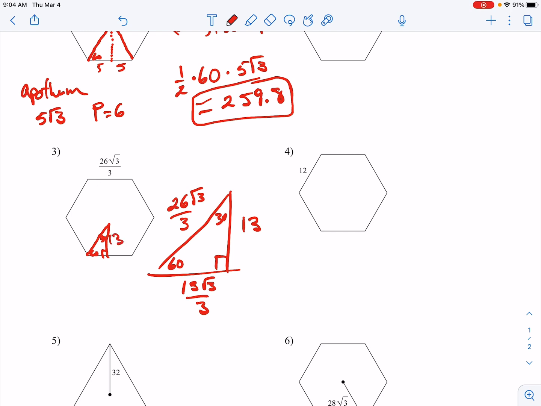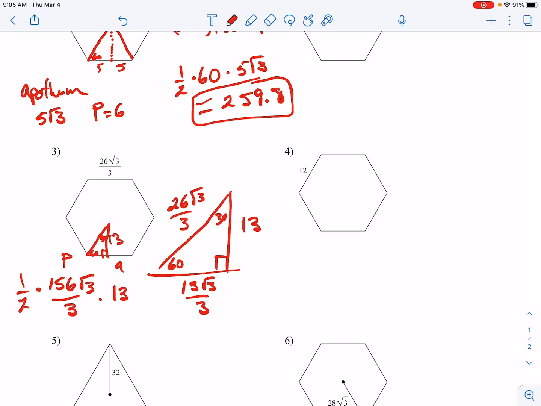So we have 1/2 times the perimeter, which is 6 times 26, which would be, the perimeter would be 156√3/3, times 13. So 1/2 perimeter, apothem. There's the perimeter, there's the apothem.